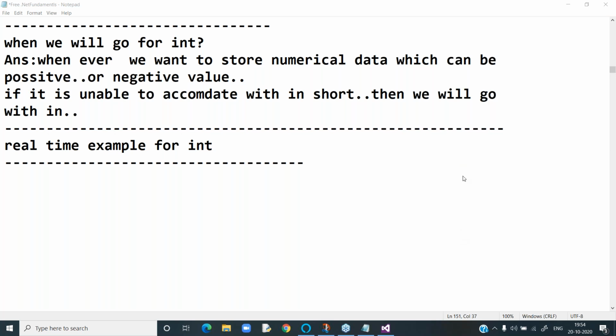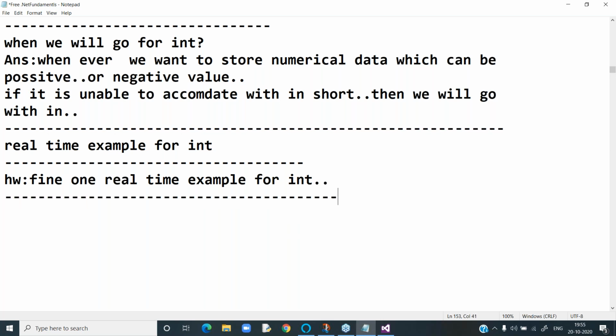When we are unable to find real-time examples for short, it is also difficult. Do one thing, homework: find at least one real-time example for int by tomorrow.